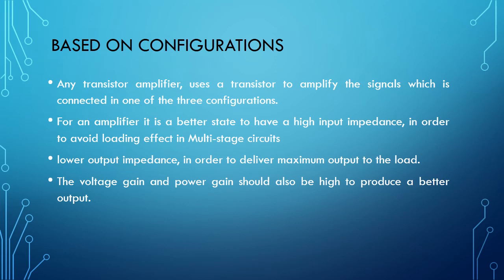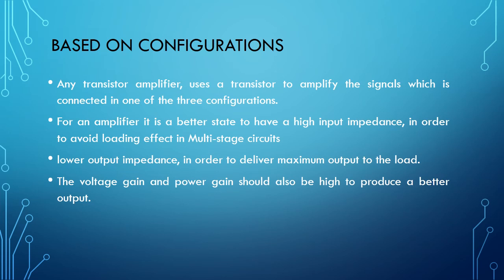Now we will see the single stage amplifiers, and these also come in the category of configurations. Any transistor amplifier uses a transistor to amplify the signals, which is connected in one of the three configurations.